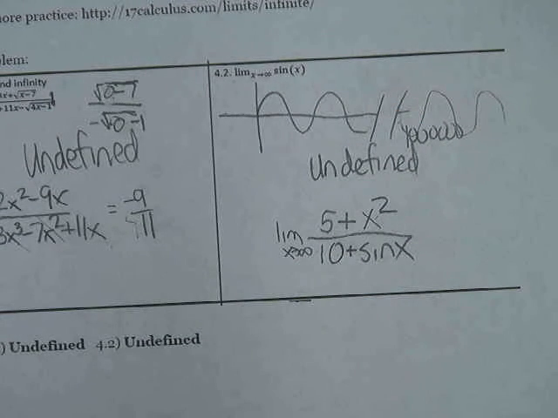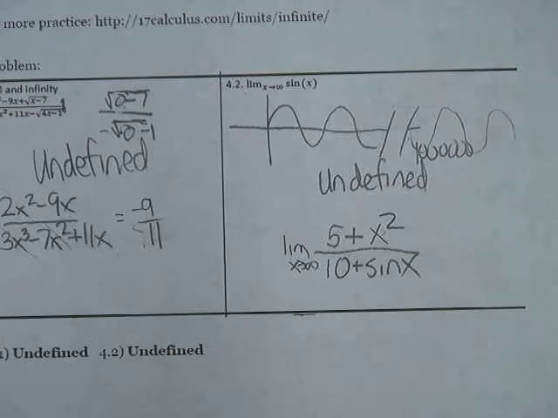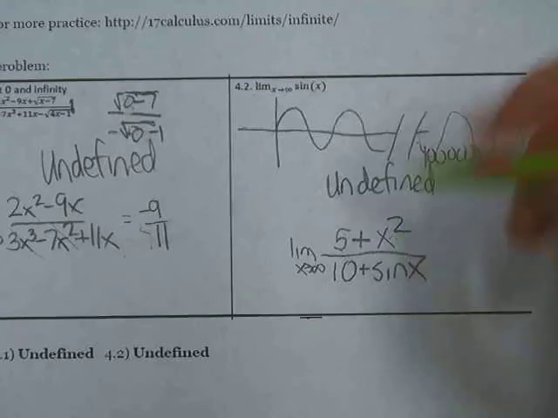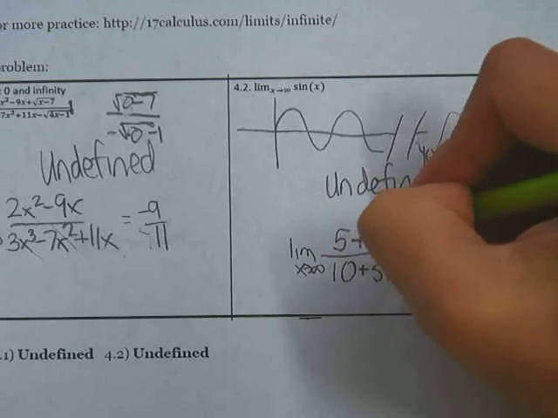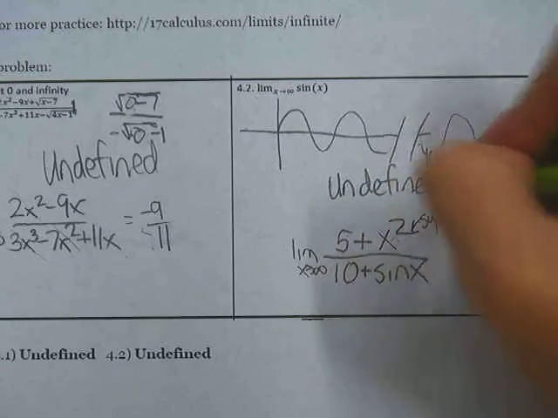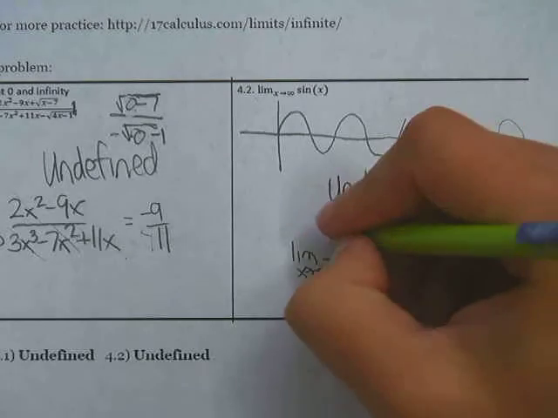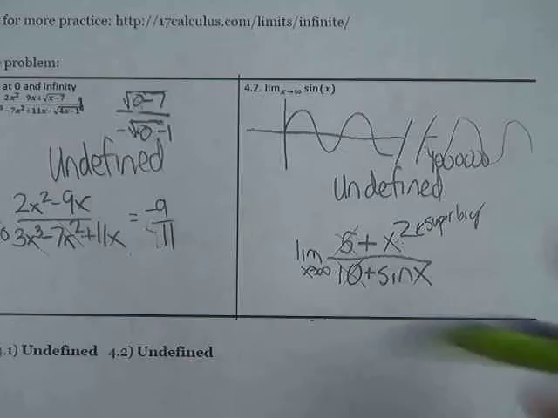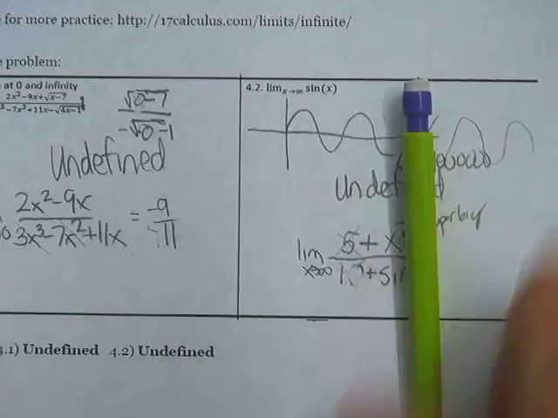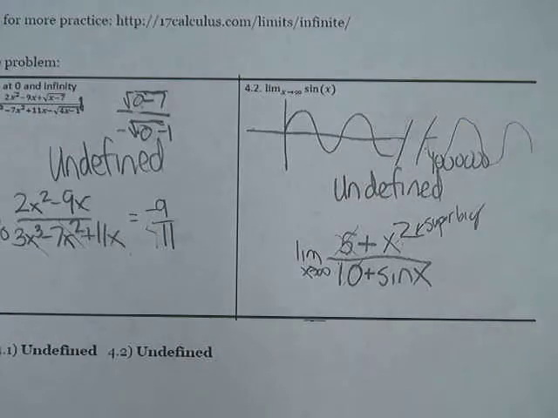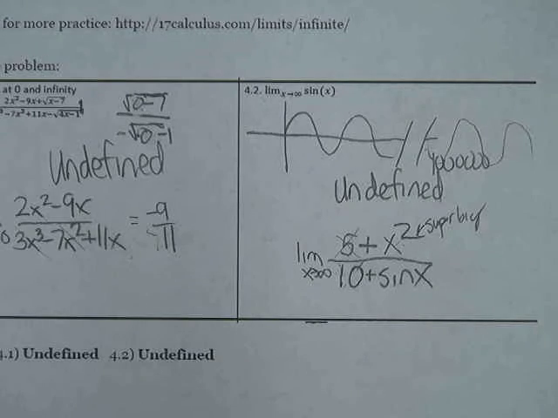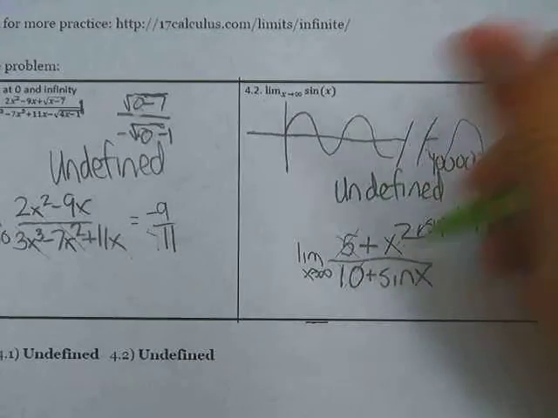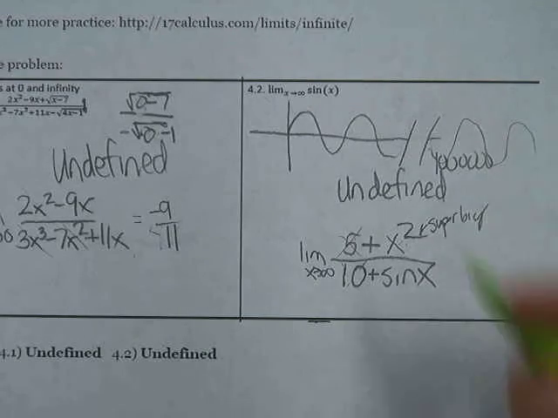So say I gave you this problem. This would just be 5 at infinity. This would be going to a big number, so this is super big. This is just 10. So basically these don't matter at all at infinity because this is already super big. However, it is important that we keep track of the 10 here on the bottom because we need the bottom not to be 0, and we need to know whether this oscillates between negative and positive because that would really mess with the total value of this function.